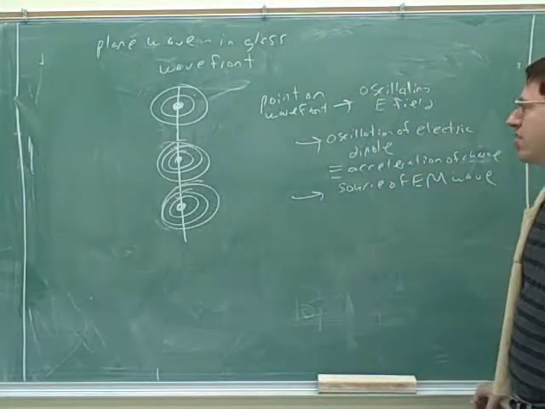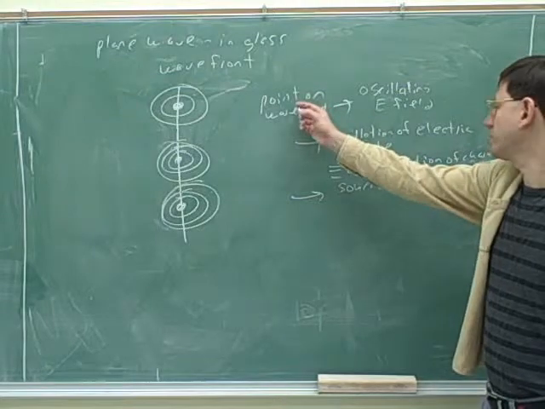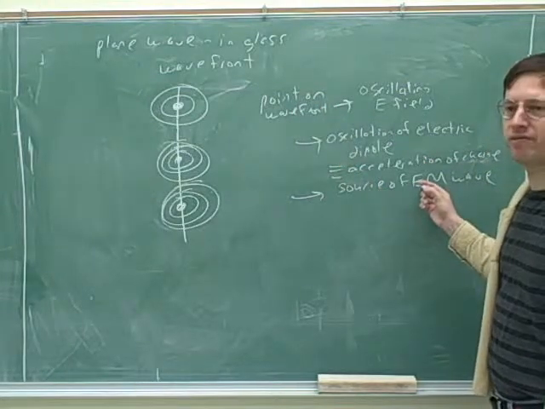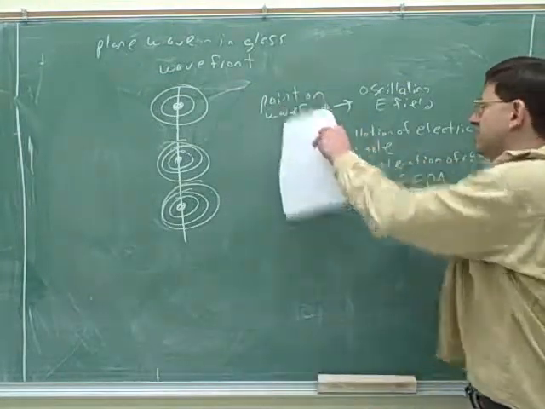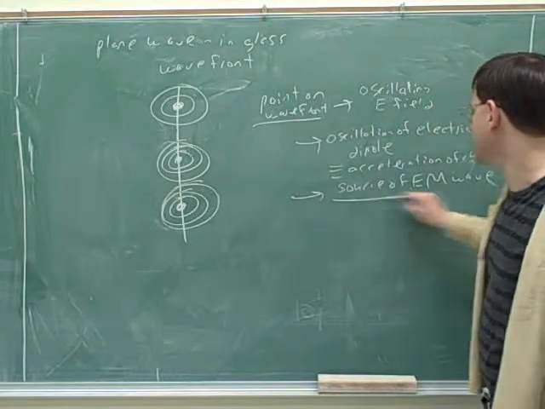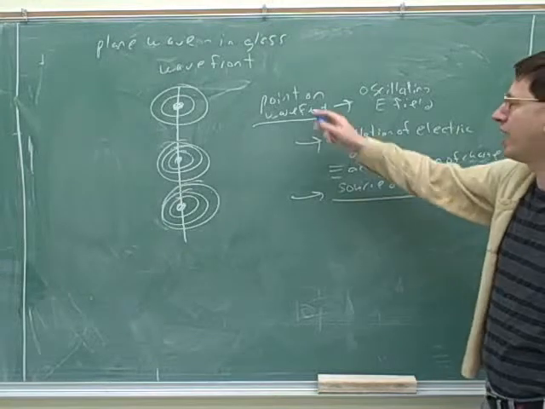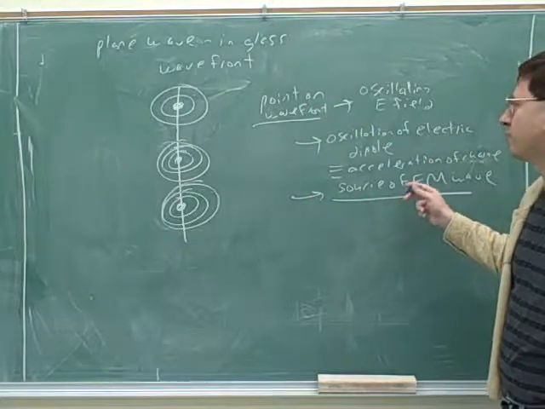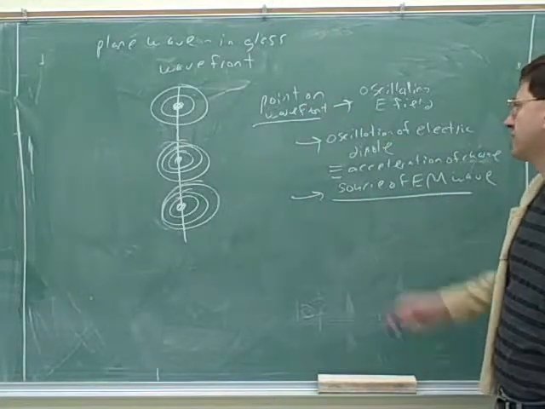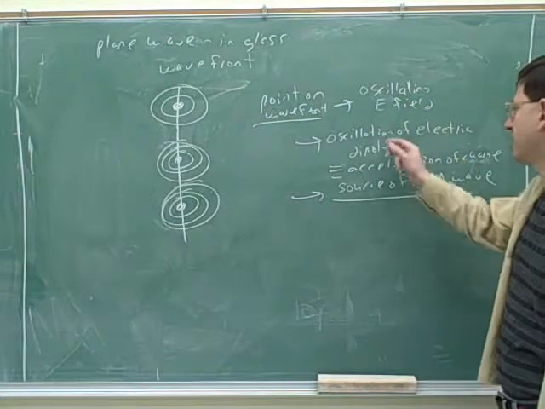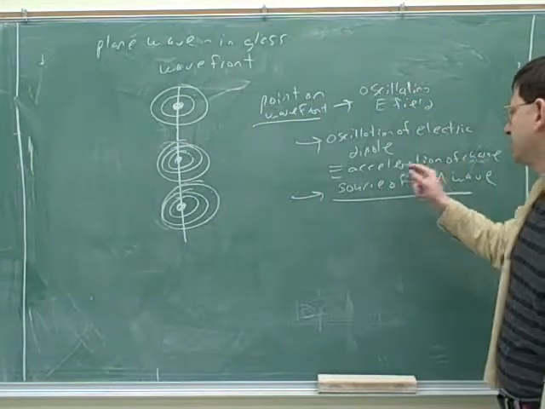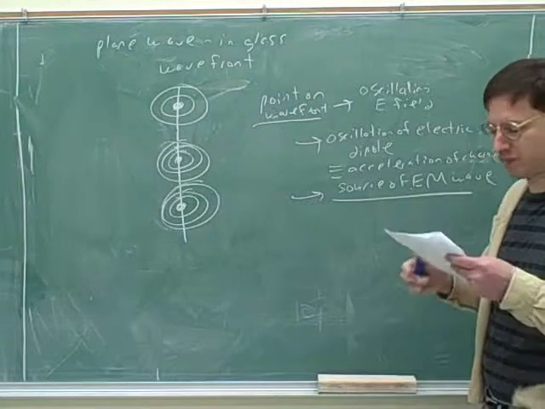So what did Huygens' principle say? Huygens' principle says every point on the wavefront is a source of an EM wave, and the problem is asking you to fill in these intermediate steps. Why is the point on the wavefront a source of EM waves? Well, the point on the wavefront has an oscillating electric field, which oscillates a dipole, and we know that oscillating dipoles are accelerated charges, so that's a source of an EM wave.